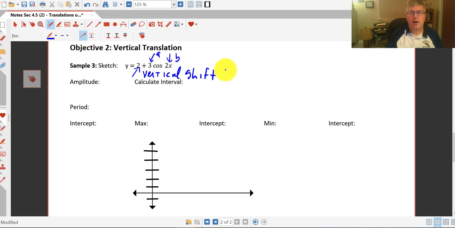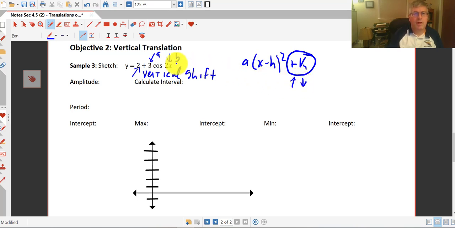So again, like our quadratics, when we had a times x minus h quantity squared plus k, now we're working with the plus k. The A was our amplitude, the H was our shift left and right, but now we're going to do a vertical shift up or down, and that's what that 2 is.